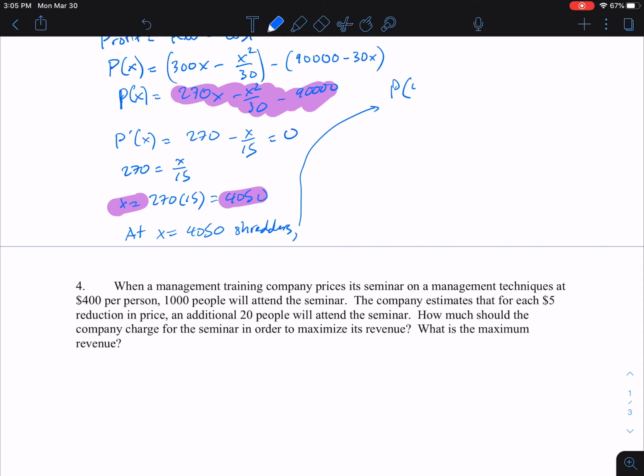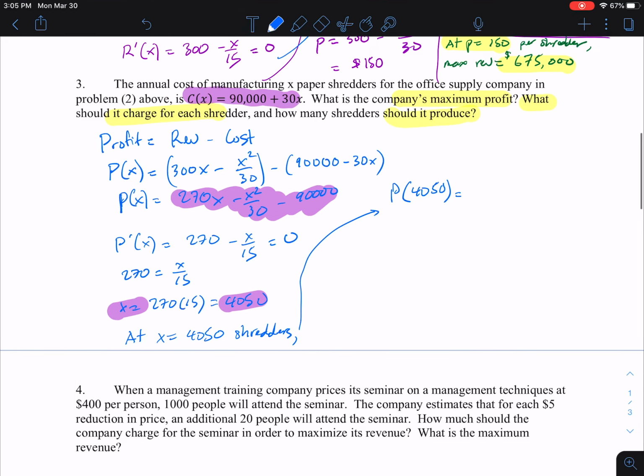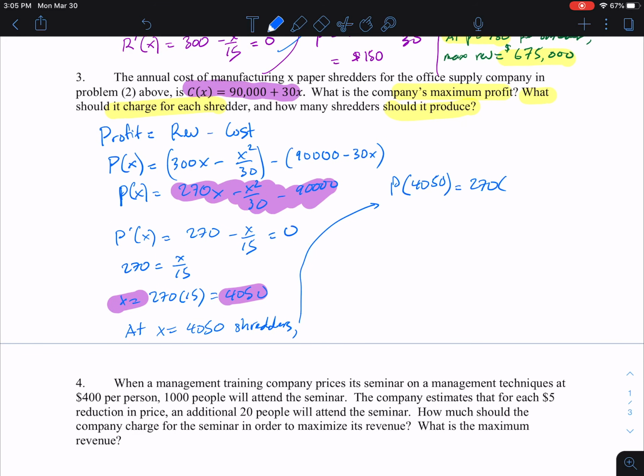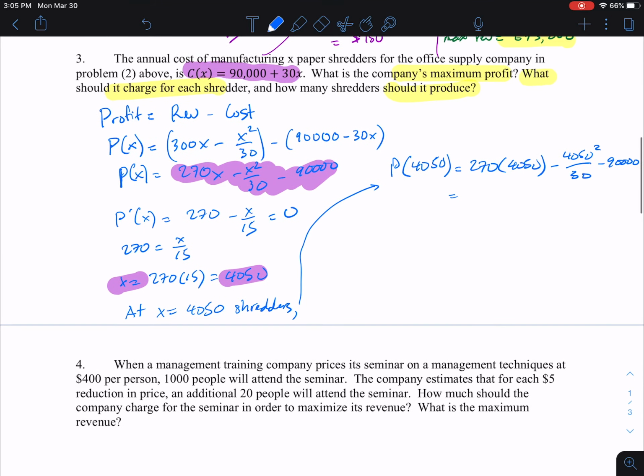P of 4,050 is 270 times 4,050 minus 4,050 squared over 30 minus 90,000. If you do the math right, this is going to come out to be $456,750. So this is the max profit.